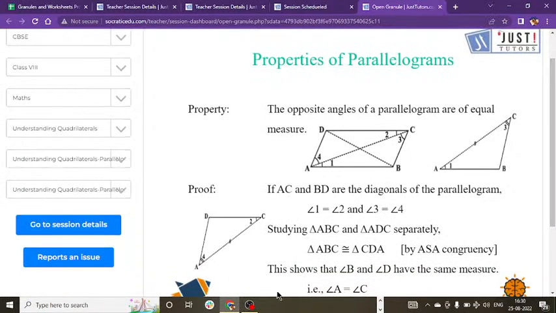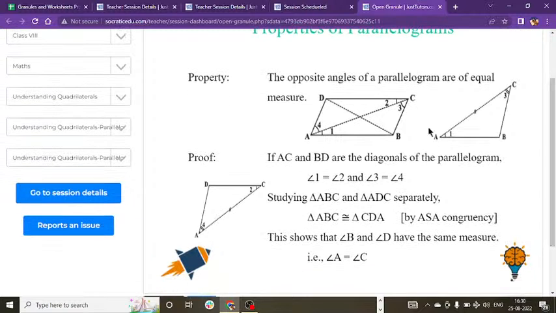So here we have the property: the opposite angles of a parallelogram are of equal measure. We need to prove this. Let's take a parallelogram ABCD, and let's name the angles 1, 2, 3 and 4.